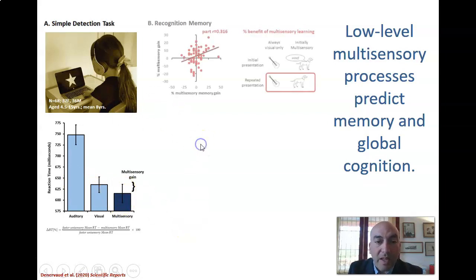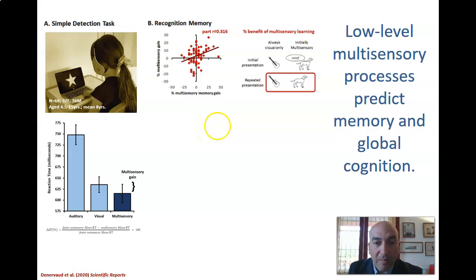From that, we could then predict how well that child would do on this same multisensory memory task that I showed you previously. That is, a child with a larger multisensory gain would illustrate a larger benefit on their recognition memory score.